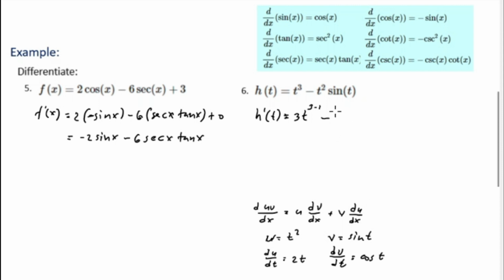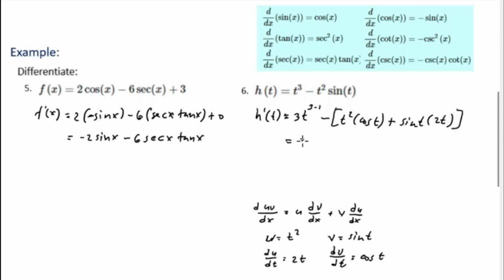And open parenthesis, u, which is t squared, multiplied by the derivative dv over dt, which is cosine t, plus v, which is sine t, and the derivative du over dt, which is 2t, and close parenthesis.